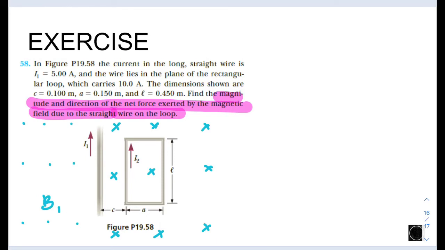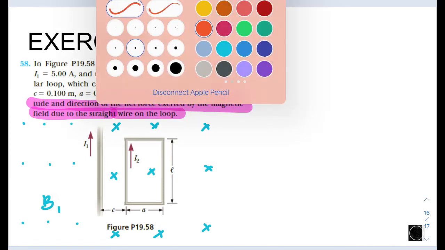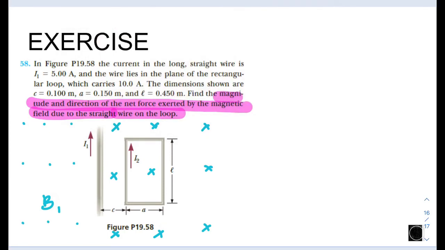So now we're going to consider the direction of the force experienced by each side of the rectangular loop. Let's consider this side first. The rule that we're going to use is right hand rule number 1.